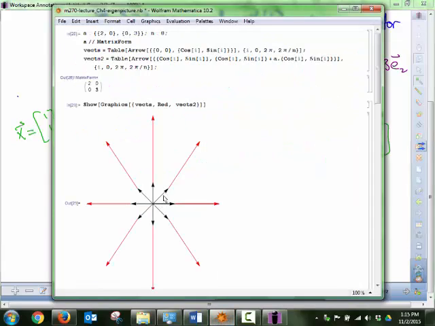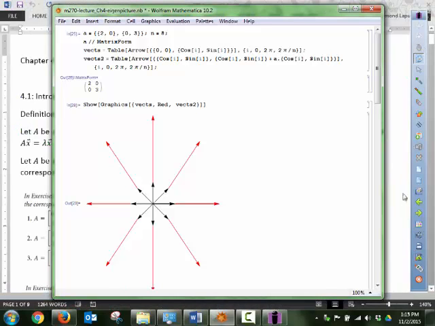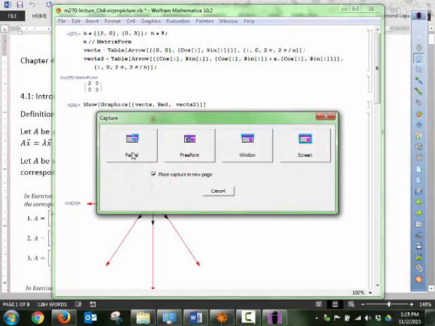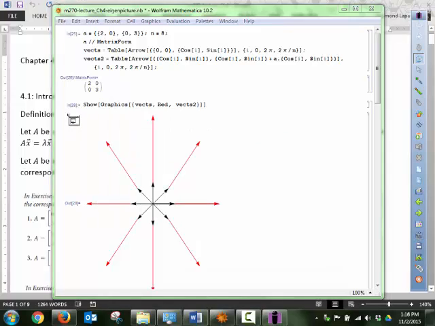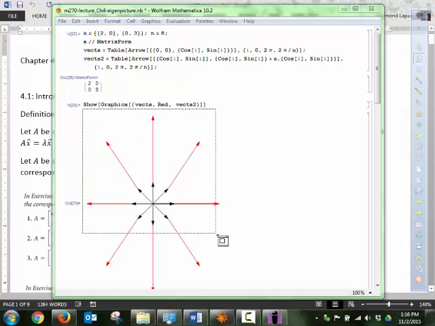This vector over here is 1, 1 that has a vector after you apply it to the matrix that's not collinear, not parallel. So let's take a quick picture of this and put it in our notes and identify those values.